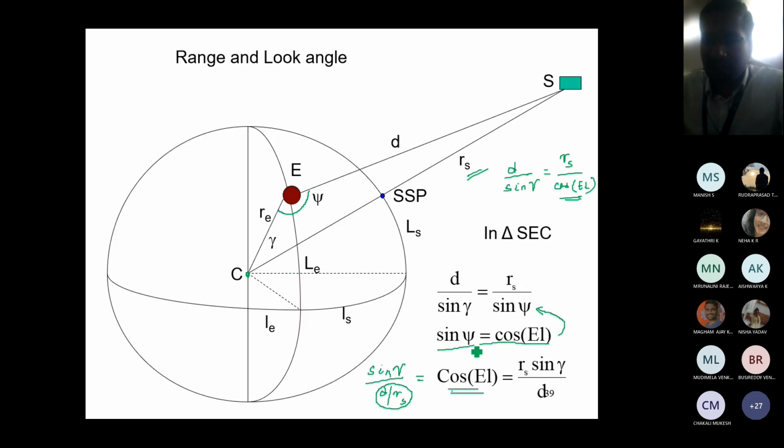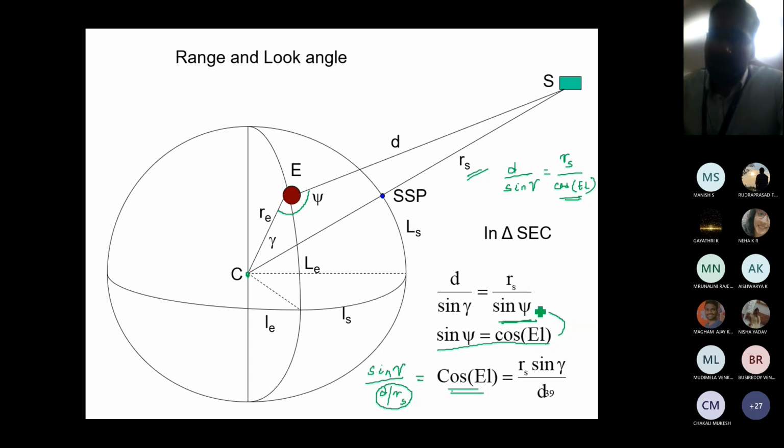And once you can find out cos elevation, you see here sin psi is equal to cos elevation. So here in place of sin psi, you can write cos elevation, and cos elevation you already calculated. Gamma, that also you have calculated.